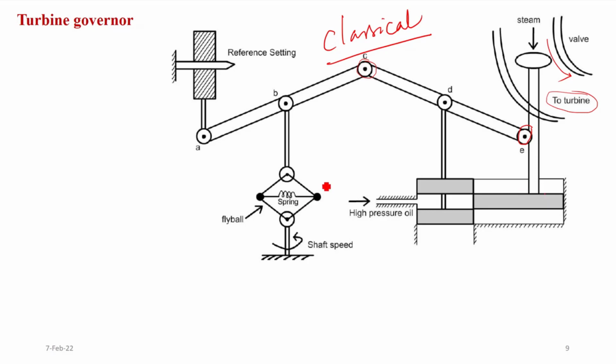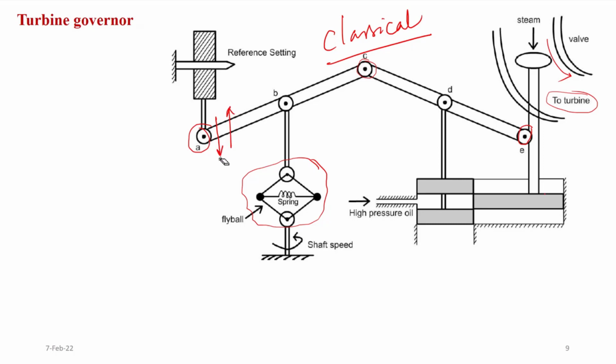This is a flywheel mechanism which is connected to the shaft, and it rotates at the speed of the shaft of the generator. And this point A is connected to the reference setting, where we have some knob mechanism. We can move this point A down or up as per our requirement.